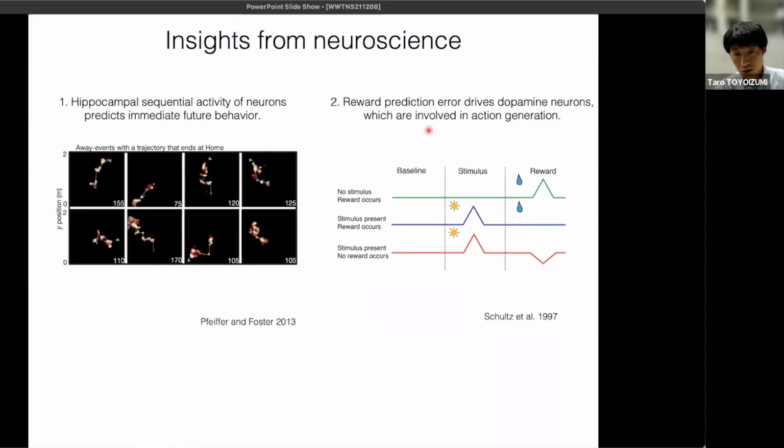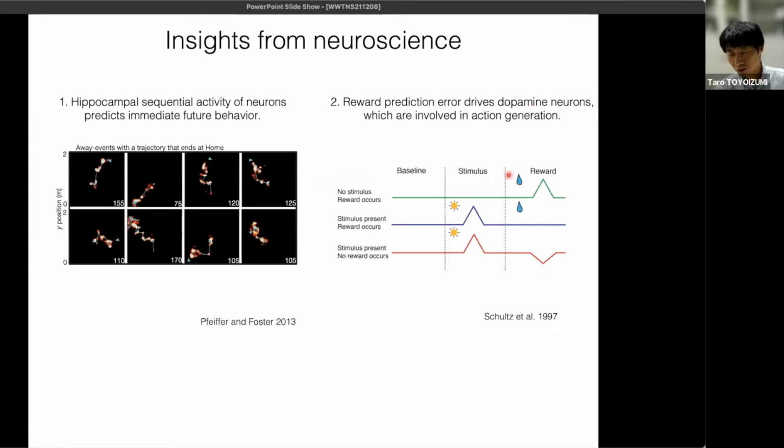Another one is that reward prediction error drives dopamine neurons. And dopamine neurons are not only important for reinforcement learning, but they are also important for action generation.